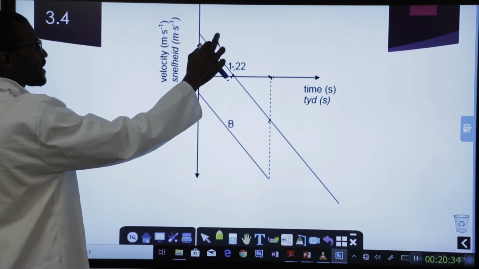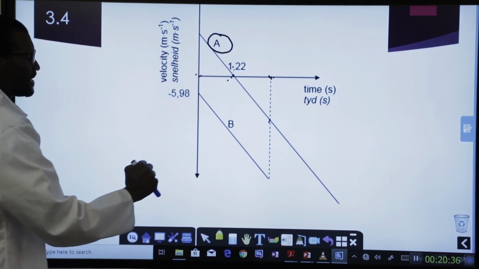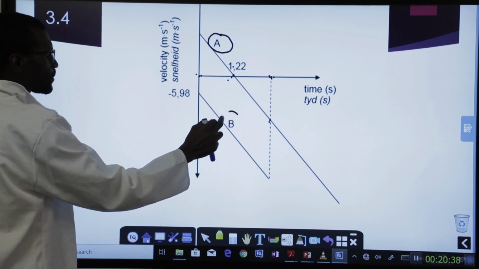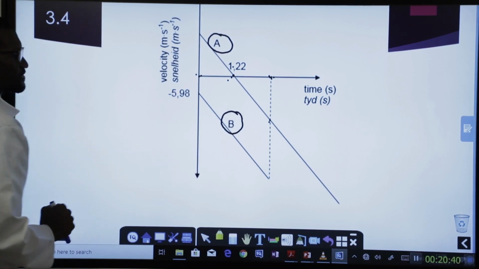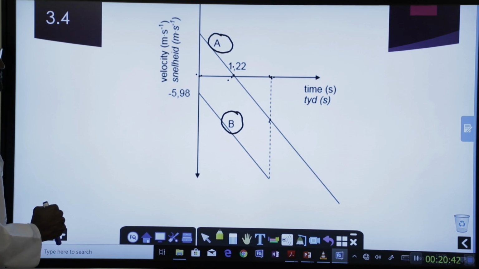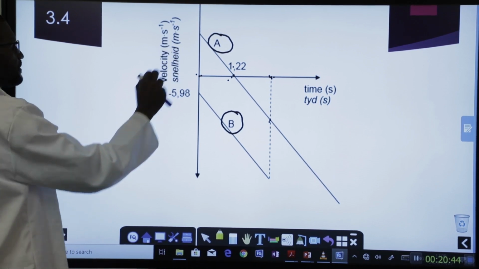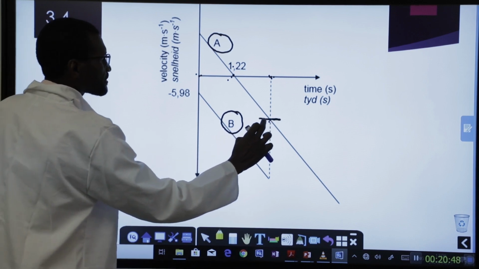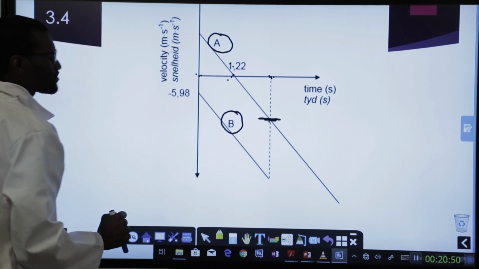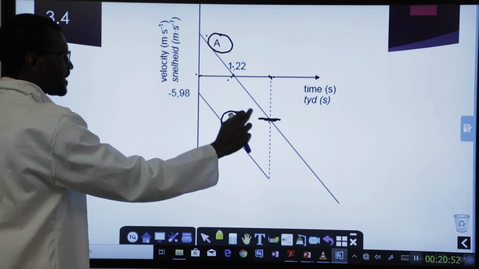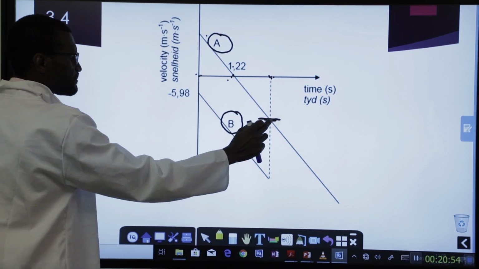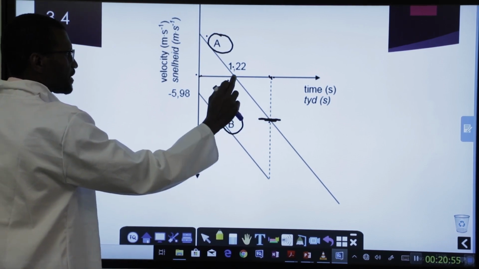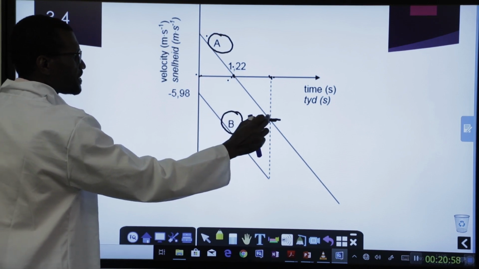So there is a graph that's representing stone A, and here is the one that's representing stone B, of the different velocities of the object. At this point, stone A has reached its maximum. Here it has reached its maximum.